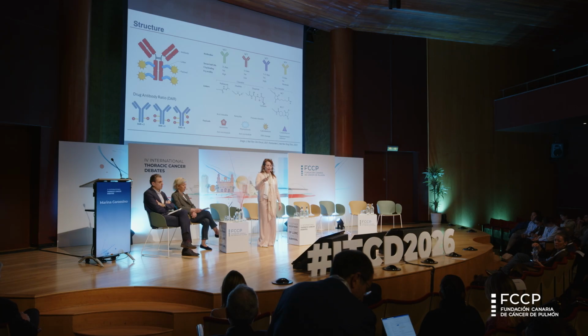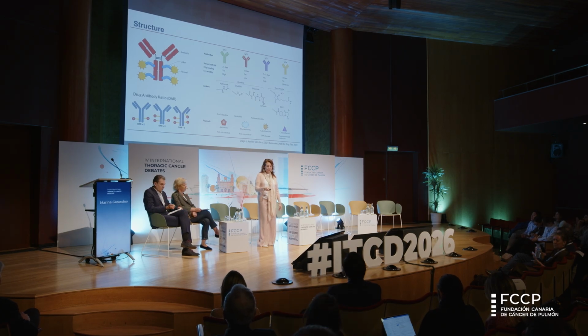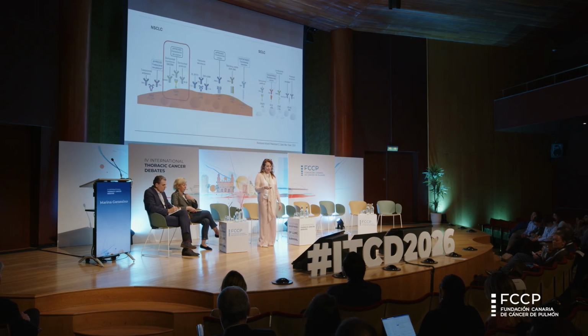However, they differ in the DAR, and the DAR is important because it predicts the activity, but also some toxicity. So anytime you look at an ADC, you should combine all these characteristics.